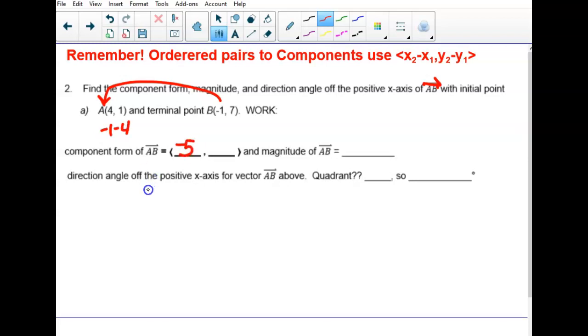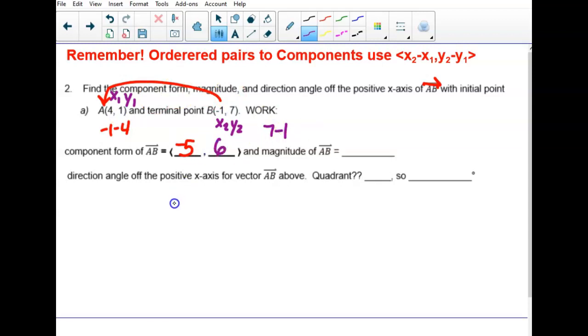I can label these if that helps, x1, y1, x2, y2. Then for the y's, it would be 7 minus 1, because you went from 1 to 7, or positive 6.